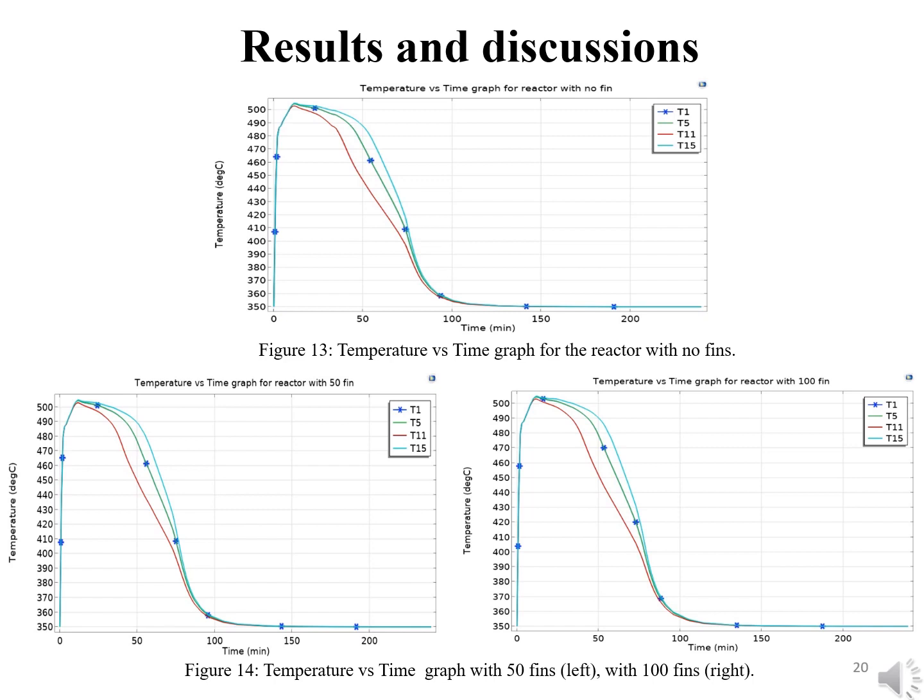The temperature then reaches its peak of 500 degrees Celsius in all the three reactors at nearly 12 minutes. The reaction bed temperature then decreases and returns to its initial temperature of 350 degrees Celsius after 205 minutes in all the three reactors.